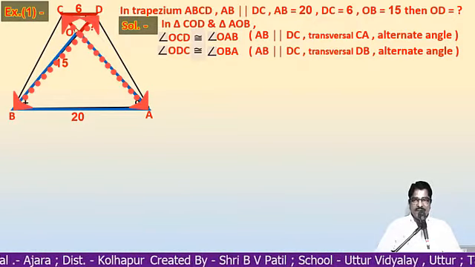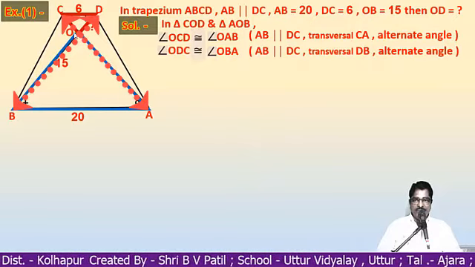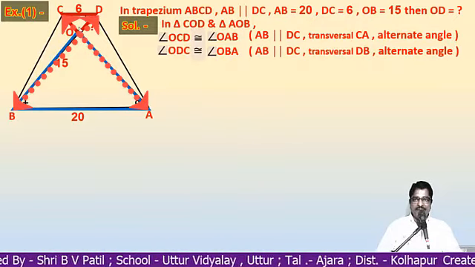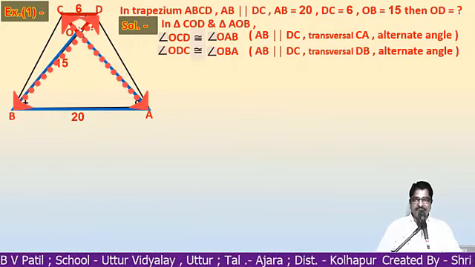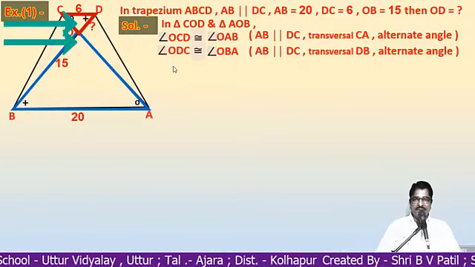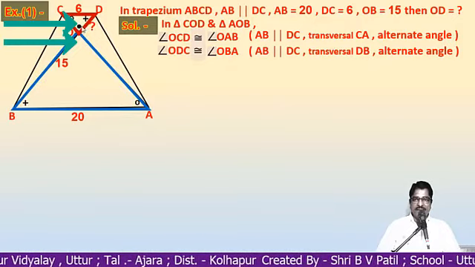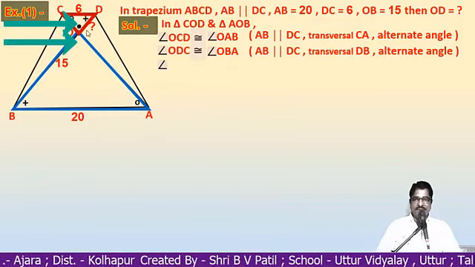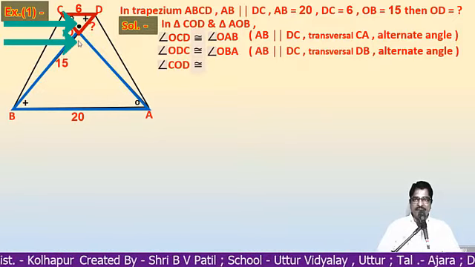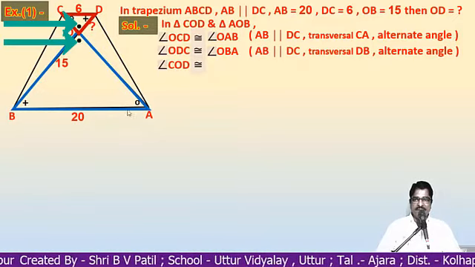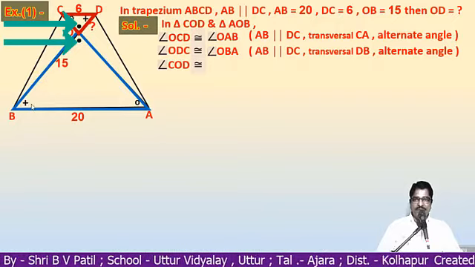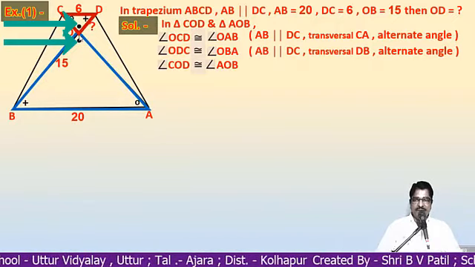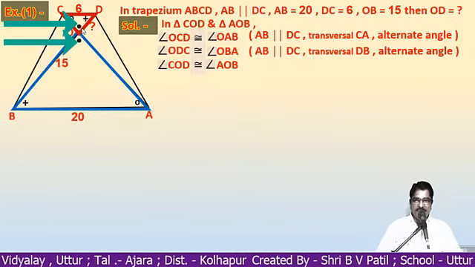Two diagonals intersect at point O, therefore two angles are always congruent. Which are the two angles? Angle COD is congruent to the other angle, AOB. Why are these two angles congruent?